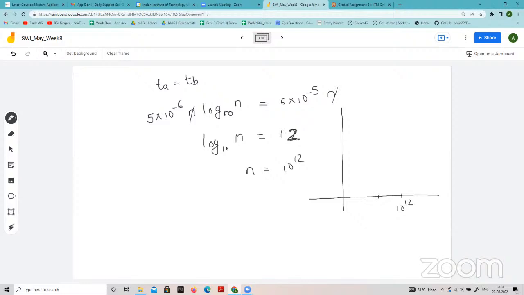And then there is again a point 10 raised to power 10 where TA, that is the logarithmic function, is better than the linear function. I cannot be exact with the curves. It will be something like this. And my linear function will be something like this. So this is where both are the same.